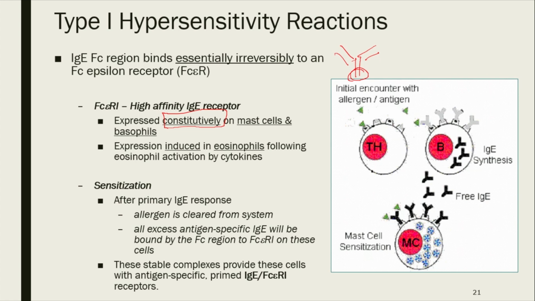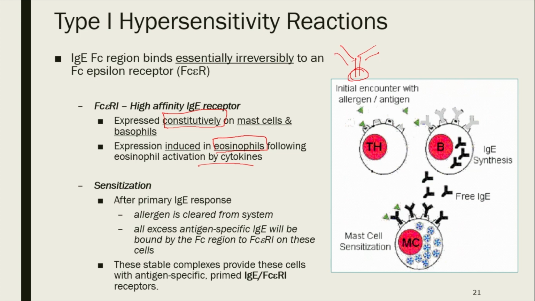Very, very tight. And then IgE will also bind to induced receptors on eosinophils. Eosinophils normally don't have these Fc epsilon receptors, but through activation by cytokines, they will start having these specific receptors.